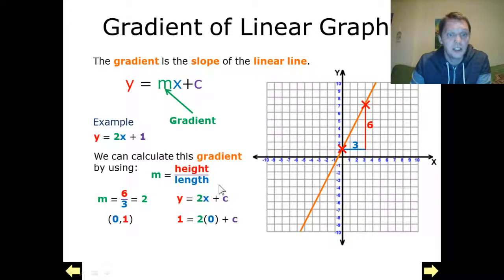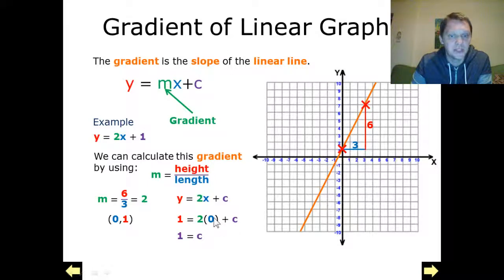So choosing a coordinate, I've chosen my 0, 1. Even though we know that this will end up being plus 1 at the end, we're just showing exactly how we can use this. I've substituted my value in for y, which is 1, and my value in for x, which is 0. So 1 equals 2 times 0 plus c.